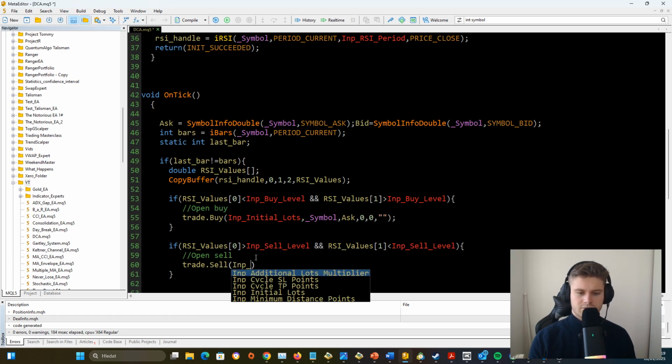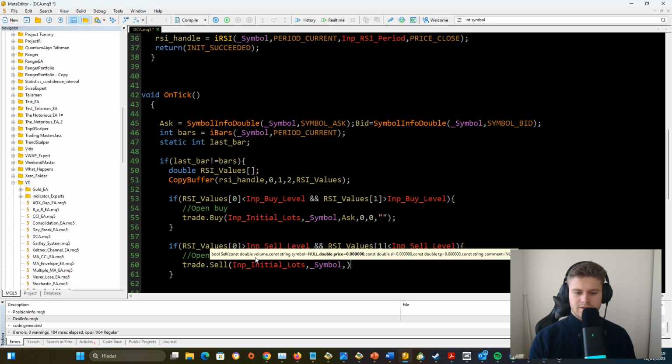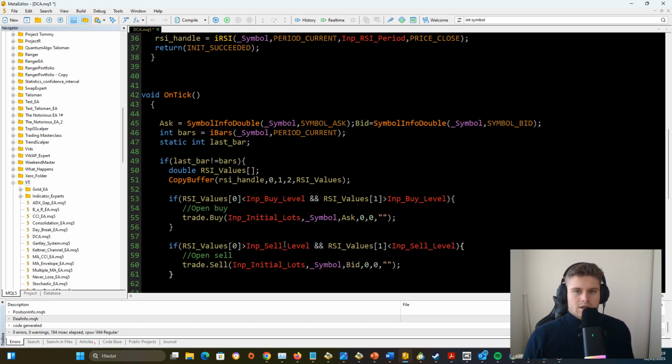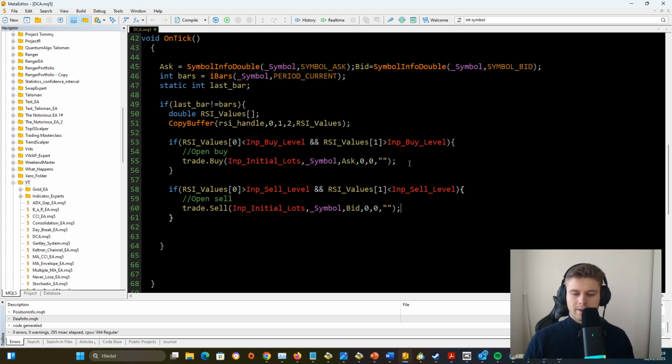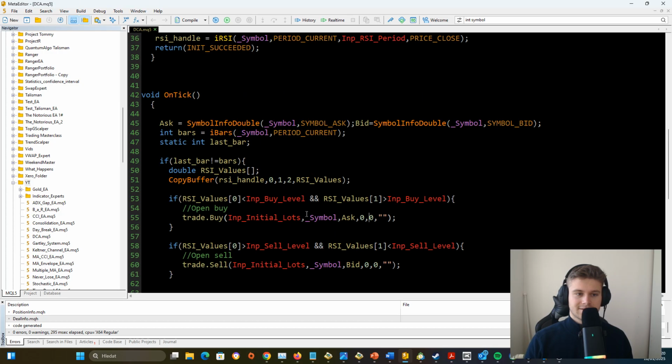So it's input initial lots, symbol, bid price, 0, 0, and empty string. Okay, so why am I not giving it take profit and stop loss? So very simple, as I said before, with the DCA we have to approach take profit and stop loss or checking the targets a little bit differently, and I will show you how in just a second.